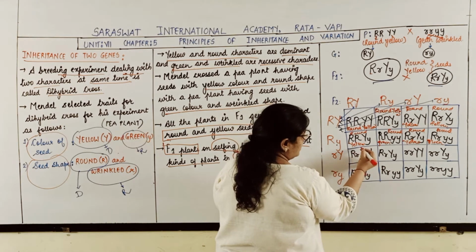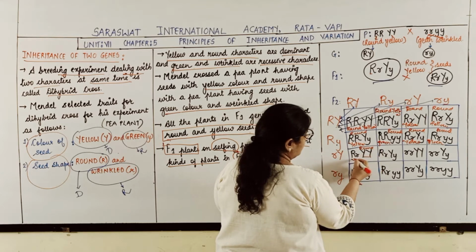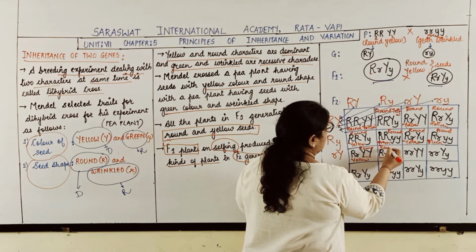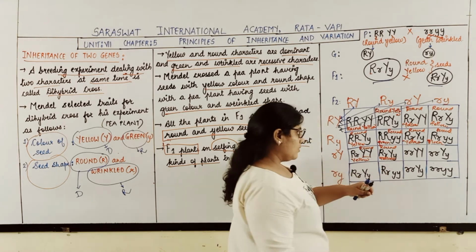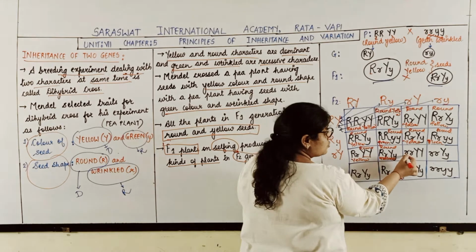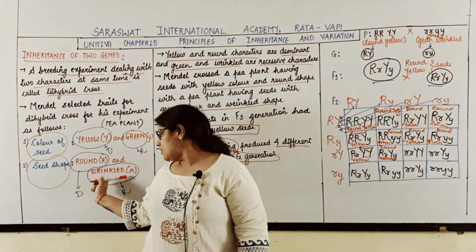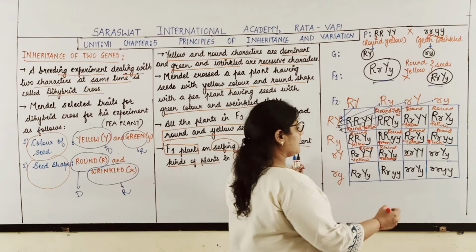Same way, here what you will obtain? Capital R, small r. So it means round. Capital Y, which means yellow. Here also round, and this will stand for yellow. Here small r. So when small r is there, which condition will be developed? Wrinkled.